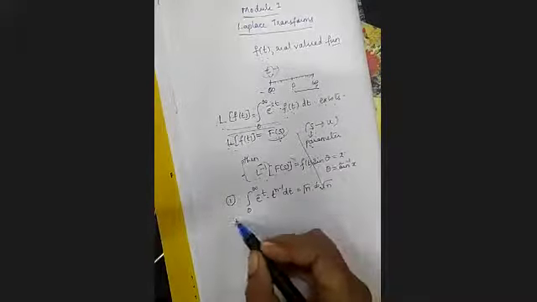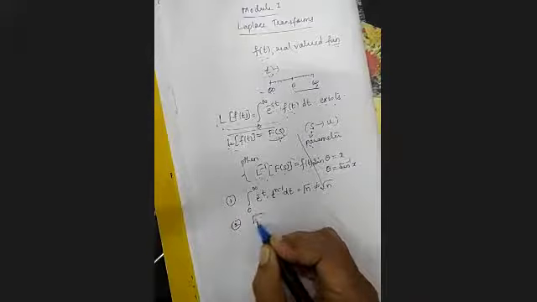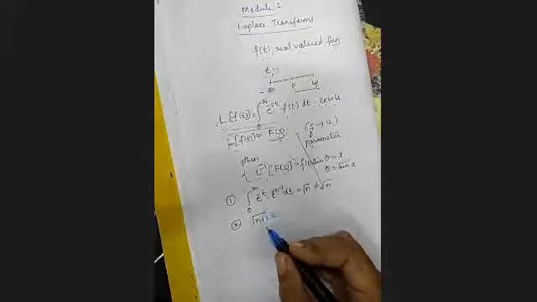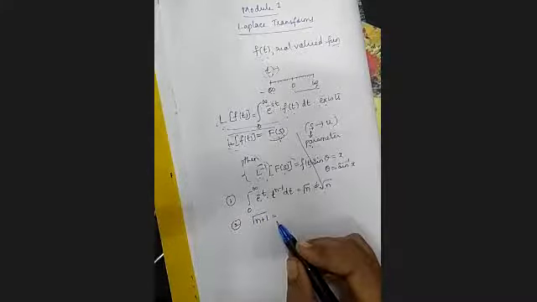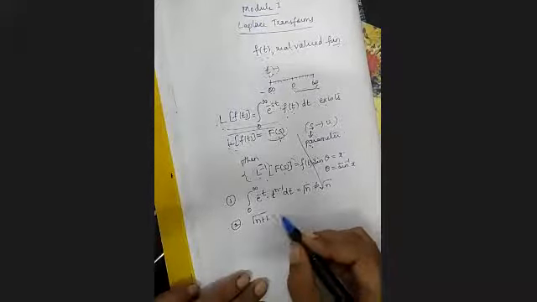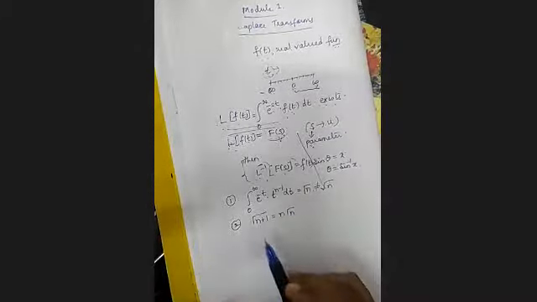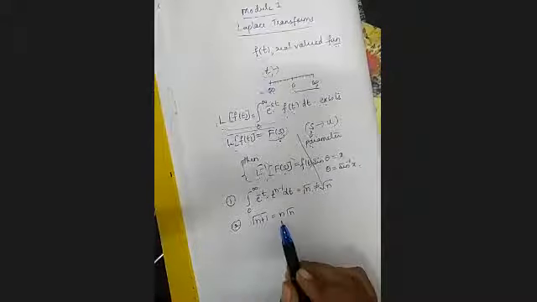Next, if you just take gamma of n plus 1, you can write the value of this. Anybody remembers this result? Gamma n plus 1. There is a standard result: this is nothing but n gamma n. So gamma of n plus 1 can be written as n gamma n.